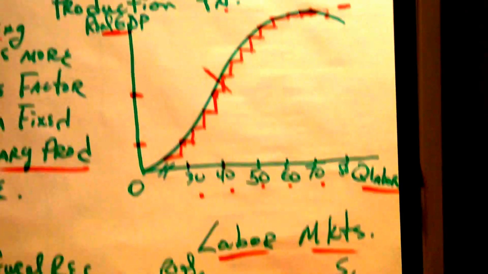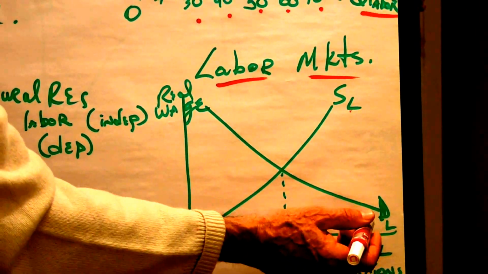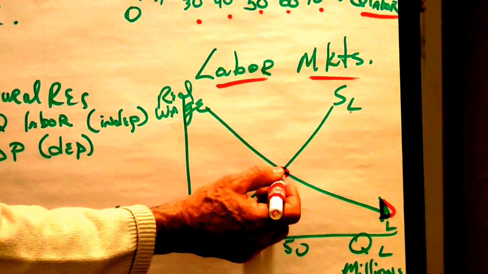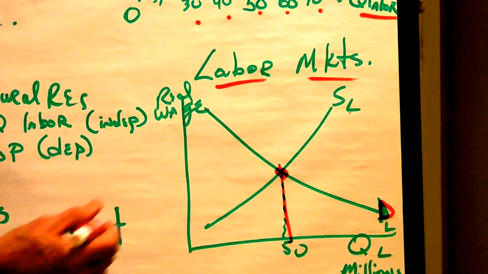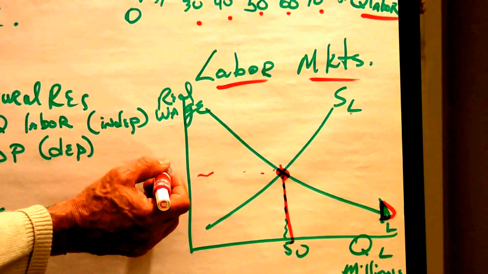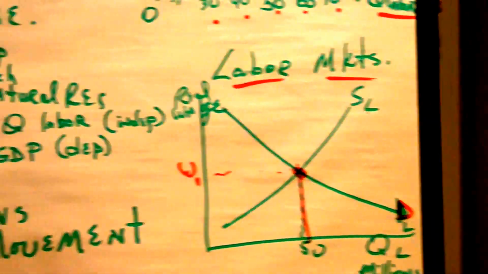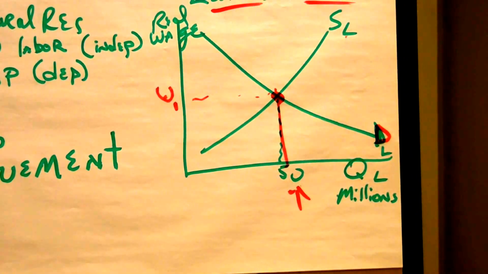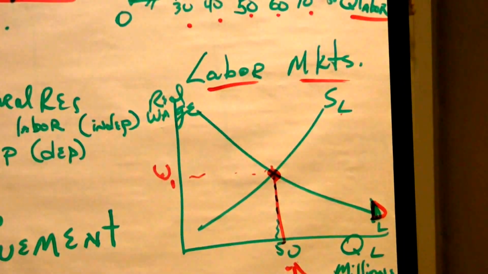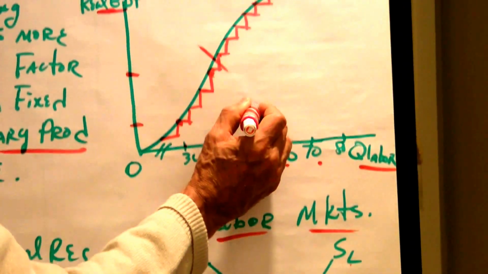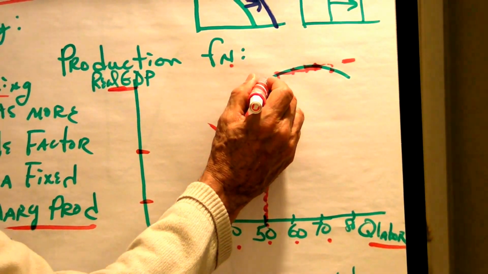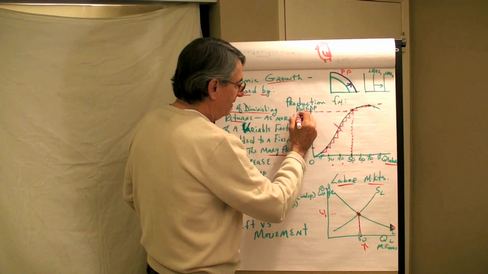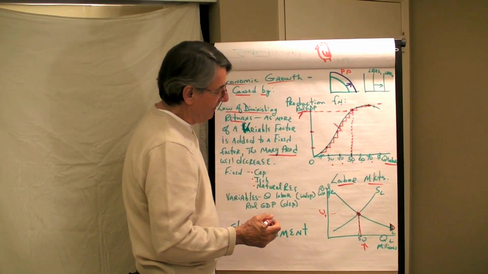If this is the supply of labor in the economy, and that's the demand for labor, then this is the equilibrium quantity of labor, and that's the equilibrium real wage in the economy. So if the natural level of employment in the economy is 50 million workers, we plug 50 million workers into this graph, and it tells us that our real GDP will be 7 trillion or so.